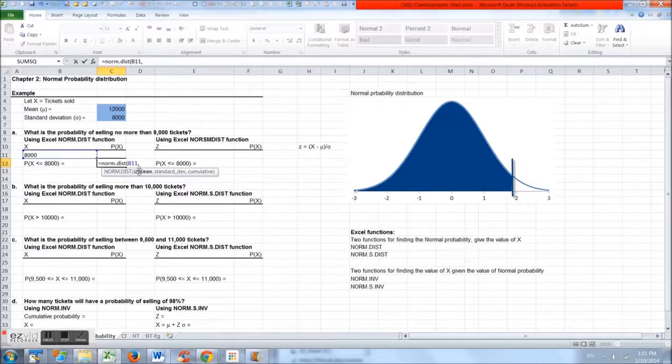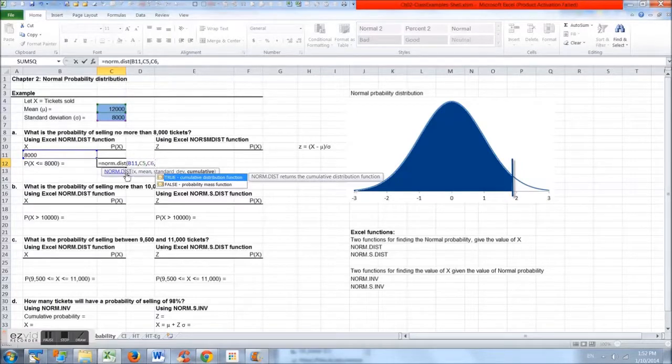The second value is mean, that cell. The third value is standard deviation. Then we have to provide one more piece of information: whether we want the cumulative probability or only the probability mass function.